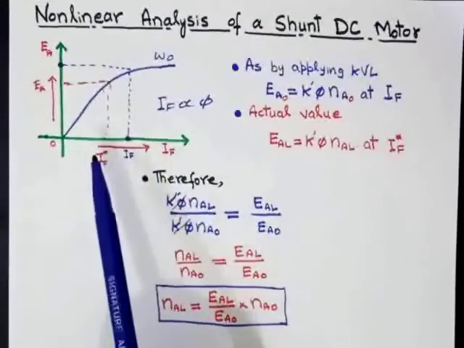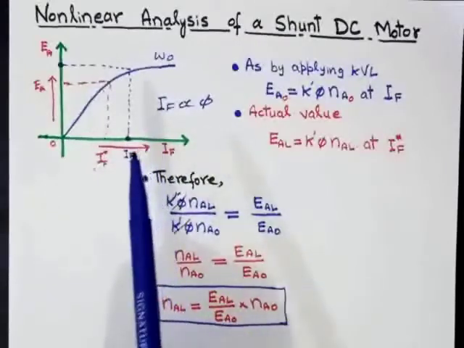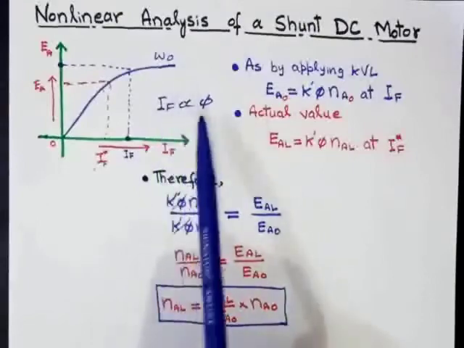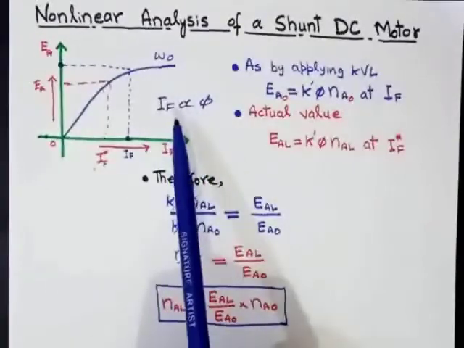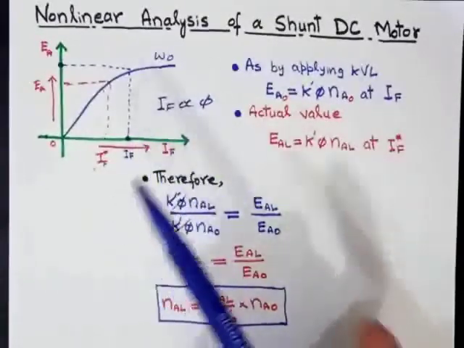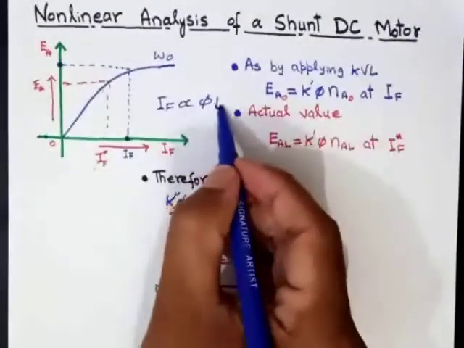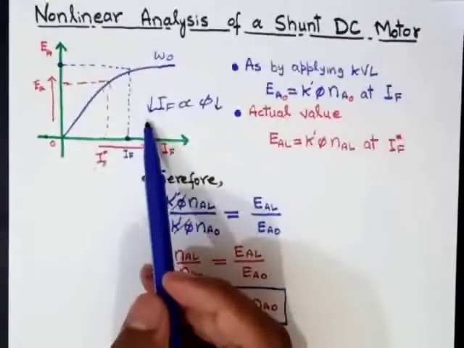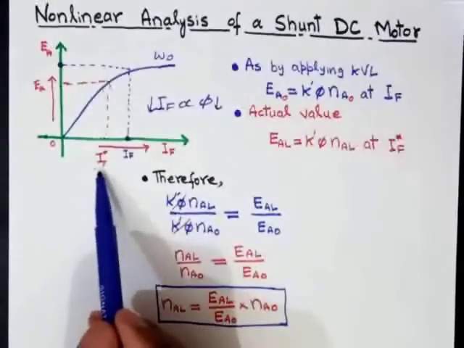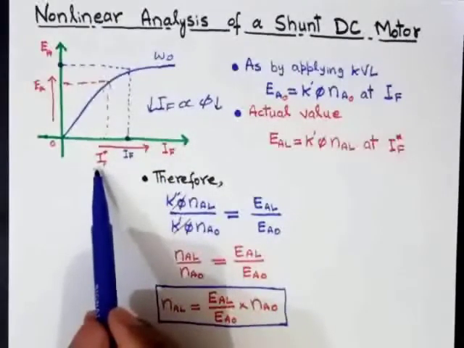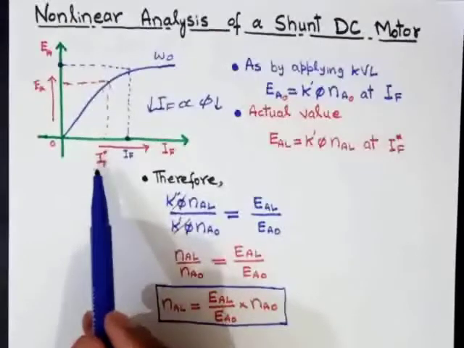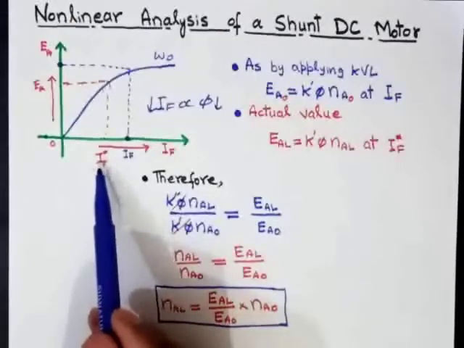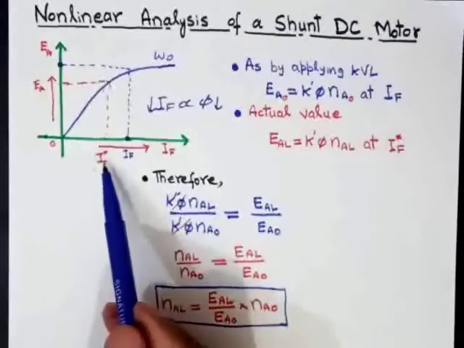When the flux reduces, as we know, the relationship between field current and flux is directly proportional, so the field current will reduce as well. This is the reduced field current. As you can see in this magnetization curve, IF static is the reduced field current after the armature reaction.